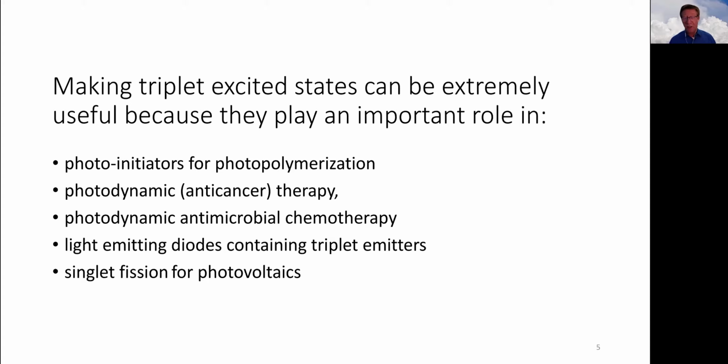And it has been gaining a lot of attention, especially in the last 2 years. So making triplet excited states is actually extremely useful, for instance, for photopolymerization, or to cure cancer with light and molecules, to kill bacteria with light, also for LEDs containing triplet emitters, and singlet fission. In singlet fission, it also plays an important role.